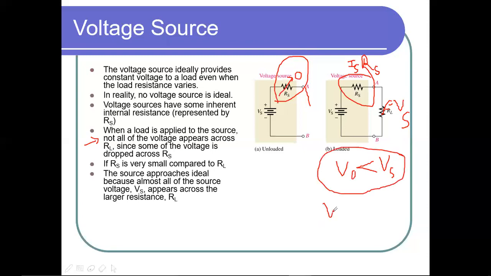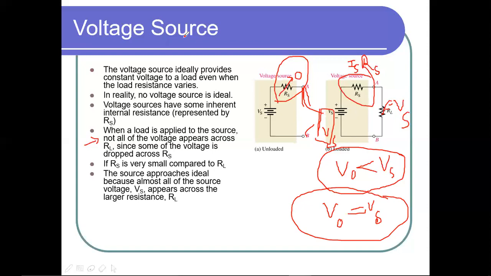When my output voltage equals the input voltage, it is called an ideal voltage source. This occurs when my internal resistance is zero. Only then, if I connect any DMM across A and B, the total voltage Vs will appear across the DMM. That is the small difference between an ideal voltage source and a practical voltage source.